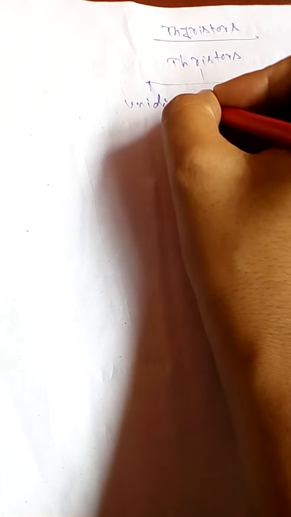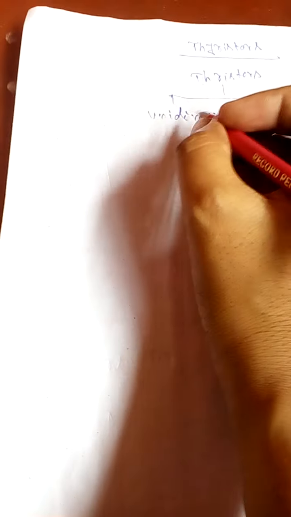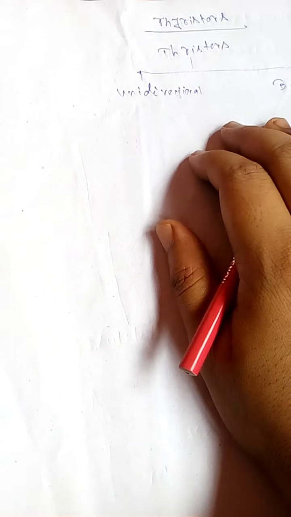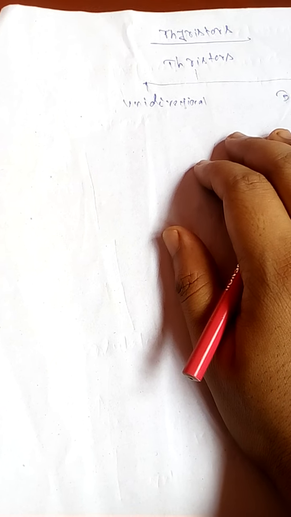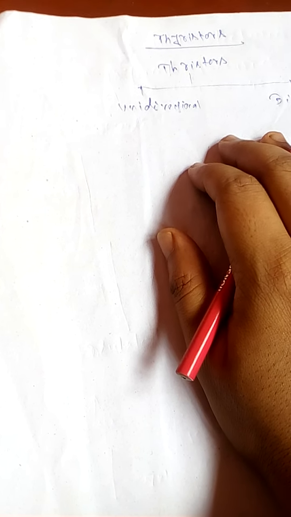If we see the types of thyristors, there are generally two types: number one is unidirectional and number two is bidirectional. The unidirectional thyristor conducts in the forward direction only, so it is known as a unidirectional thyristor.